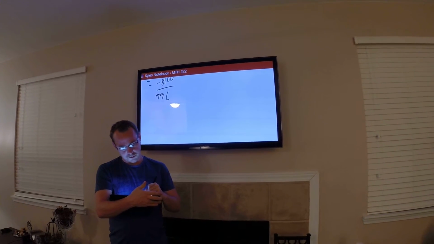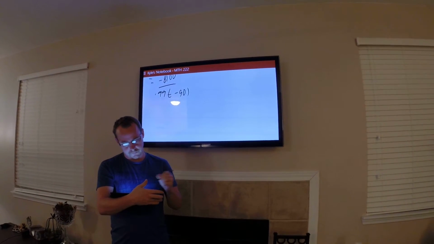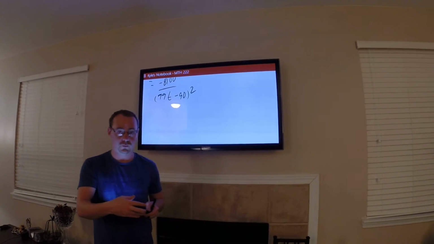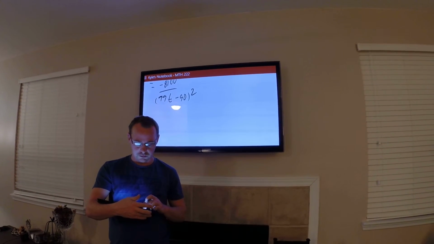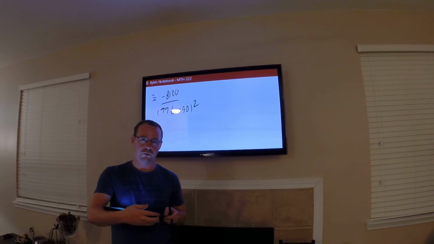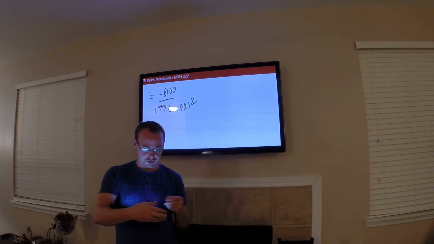And then the problem asks us to find the rate of change at 1 and 10. So we can simply plug those numbers into our derivative function to find the rate of change.